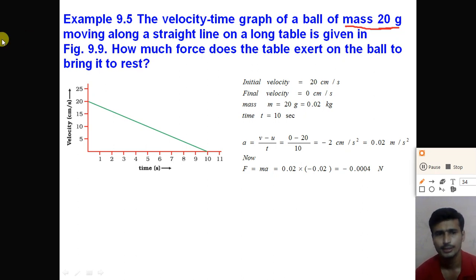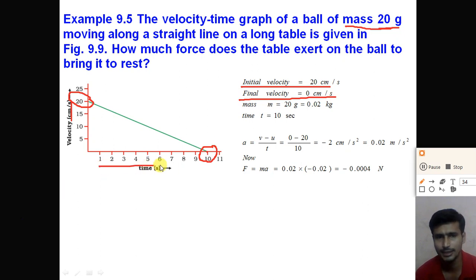So dear student, from this graph we can calculate the initial velocity and the final velocity. At time t equal to 0, the initial velocity of the ball is 20 centimeter per second. Here the unit is given as centimeter per second. It will stop at time t equal to 10 second, so the final velocity of the ball is 0 centimeter per second.